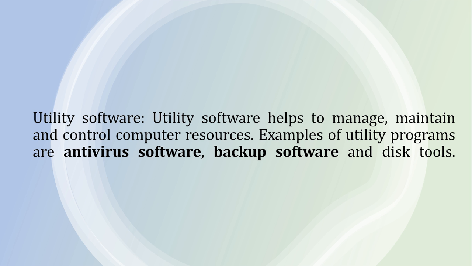Utility software is where we install antivirus, which prevents malware and other malicious software or programs from our computers, and some software which keeps a backup of our data on our computer. These are all about software.